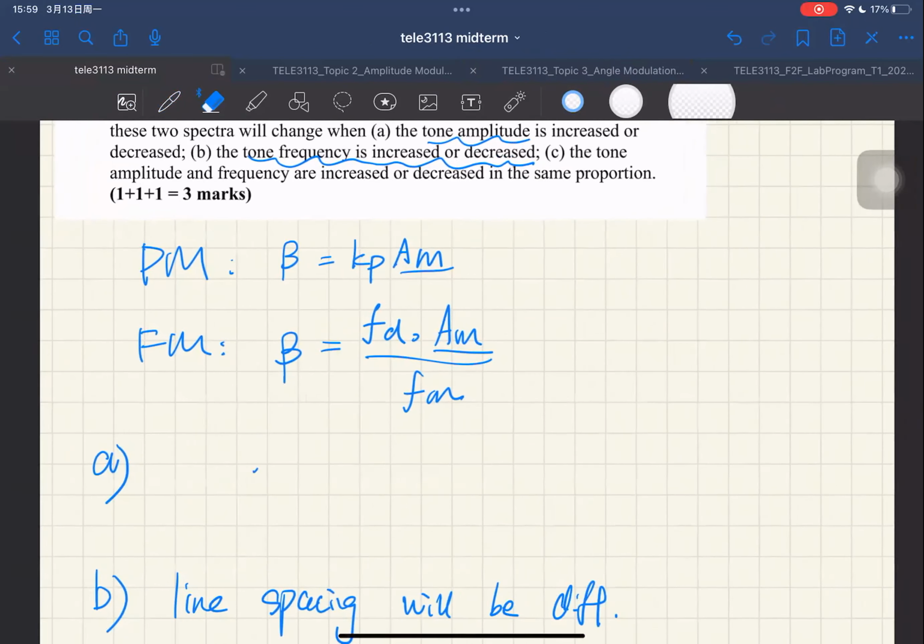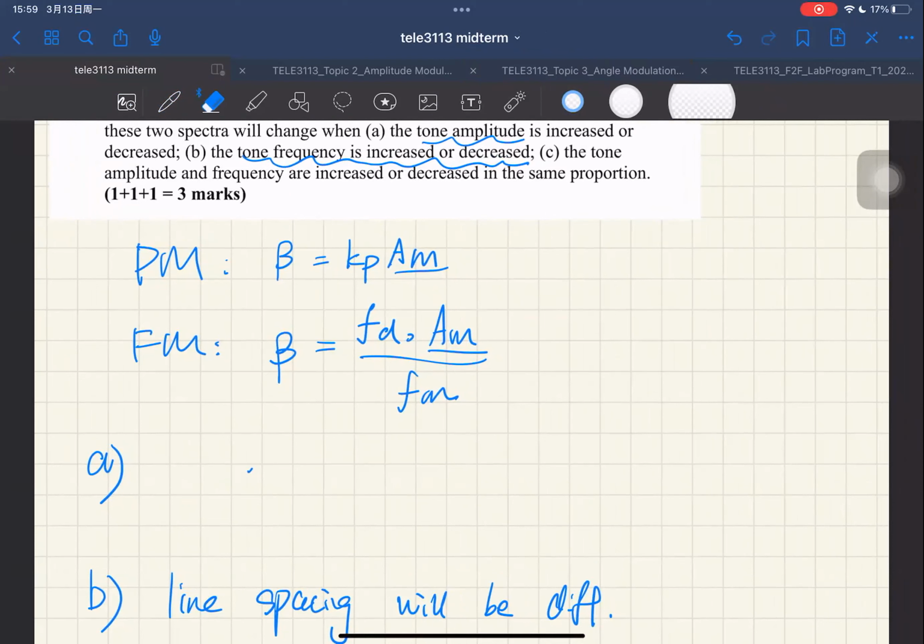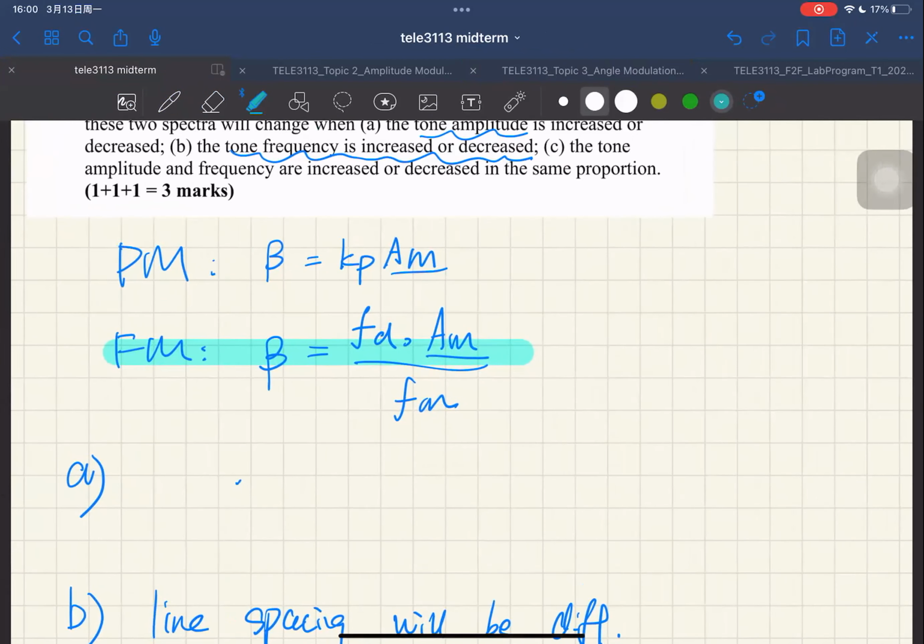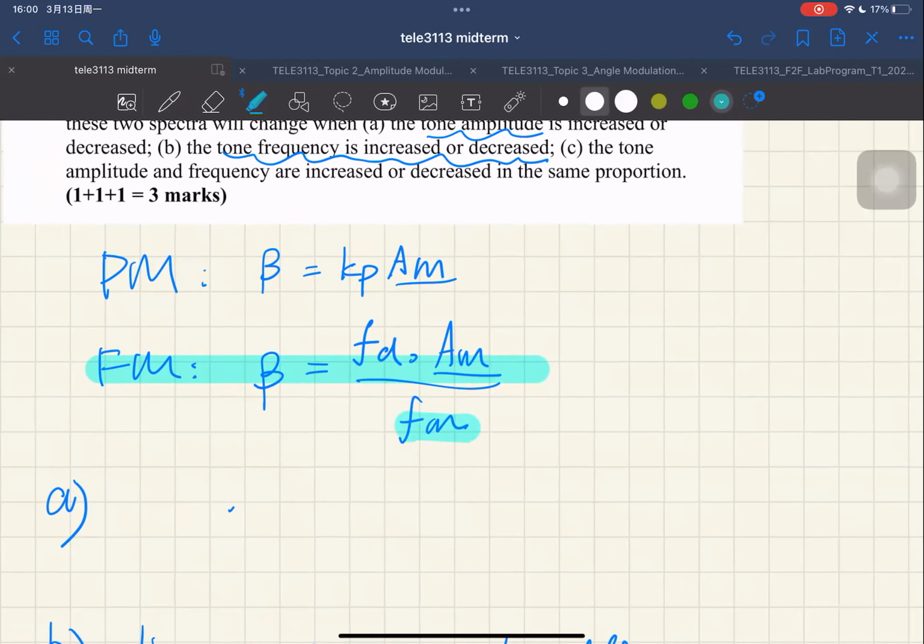So what about your amplitude? What about your spectral amplitude? The spectral amplitude will only be affected by your FM. The reason is, if you change your tone frequency, let's say this value is decreased, and your beta is constant, you make sure that beta keeps and is not changing.